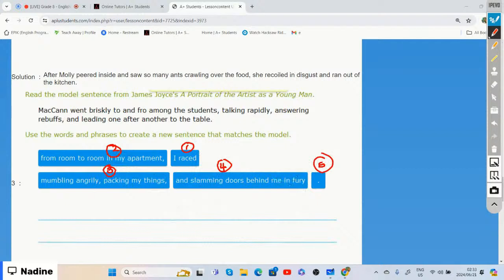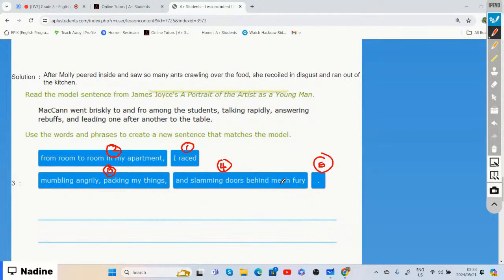That is when we create a new sentence. It says, I raced from room to room in my apartment, mumbling angrily, packing my things. You see how they are describing, and slamming the door behind me in fury.